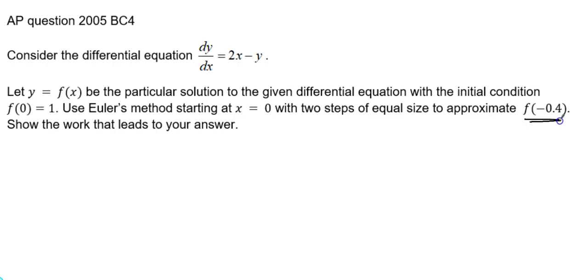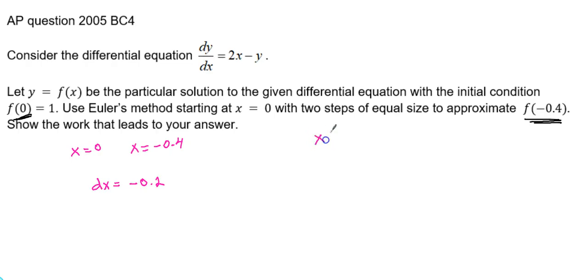You are going backward. You start with a 0, but you have to go to negative. So that's the only piece here I would like to show you, that you start at 0 and you are going to negative 0.4. So your dx is negative 0.2.